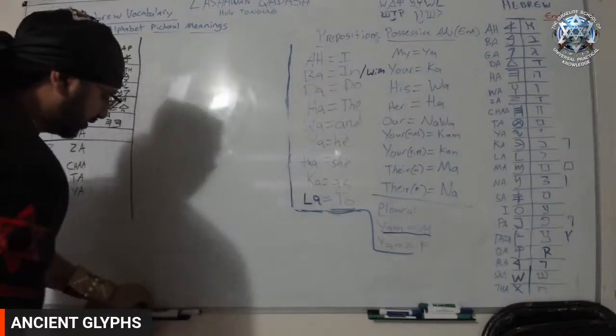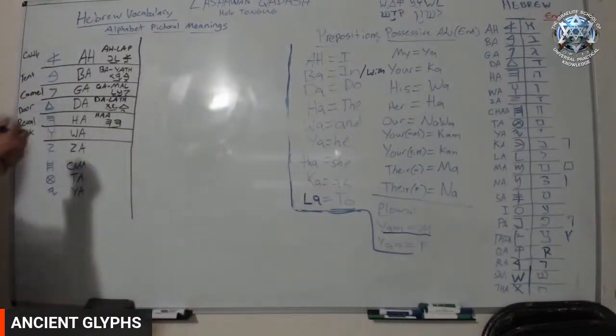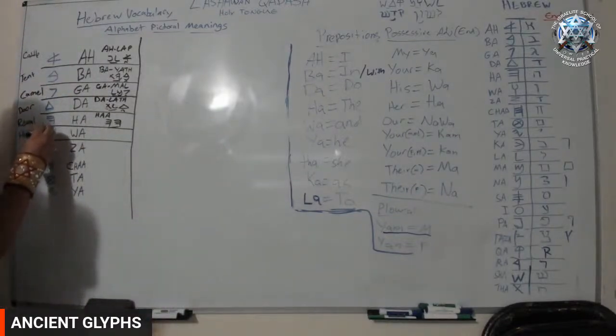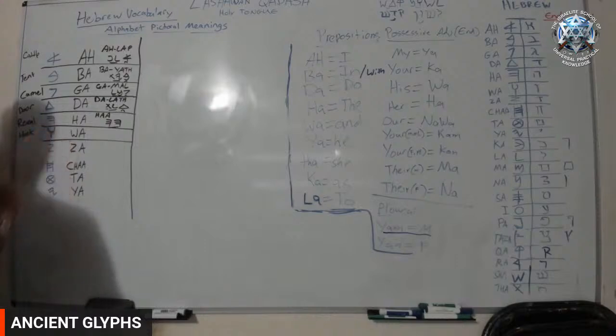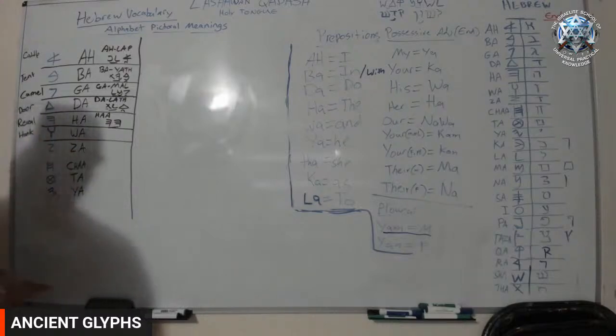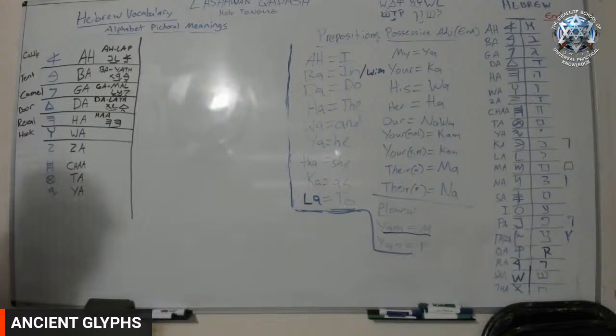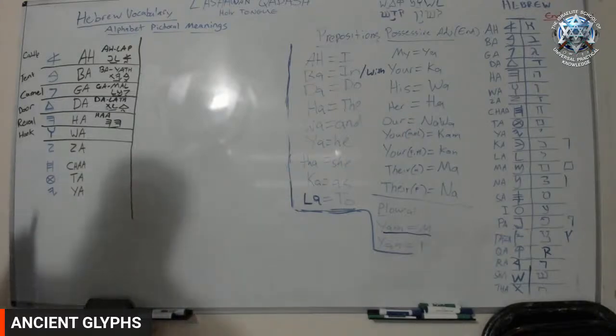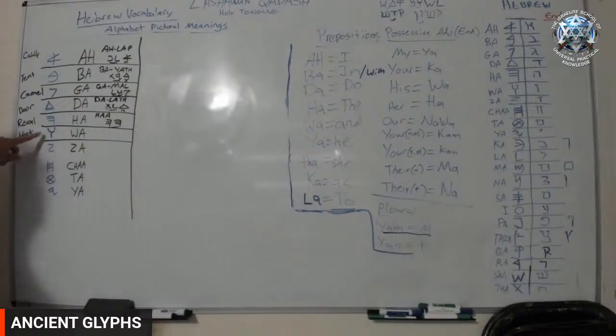If you're going fishing, you need something that's going to hook that fish, that's going to trap them. Like I said, it can also be used as a peg. So this is a tool. We're talking about a tool here. So the sixth character in the Hebrew alphabet represents a tool of some sort, a hook or a peg.